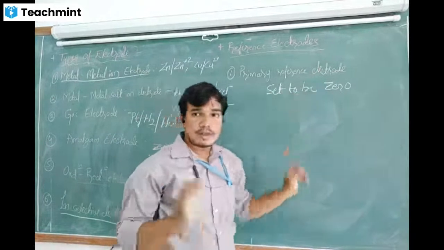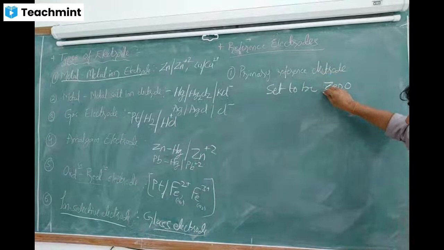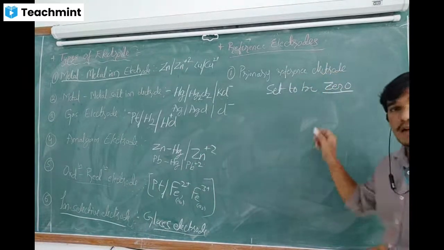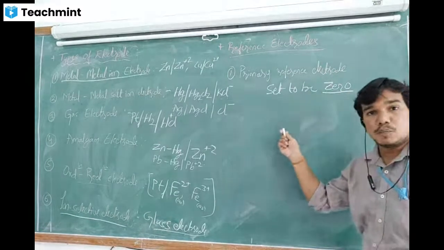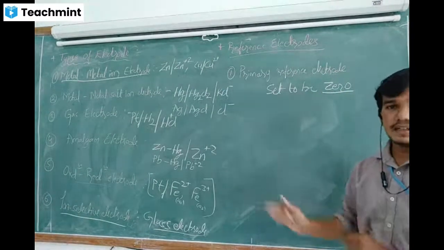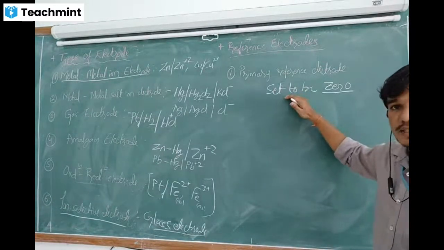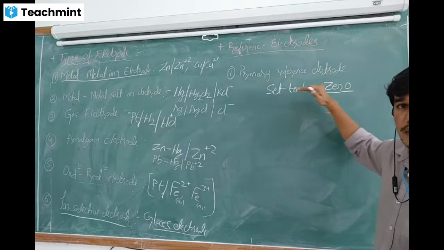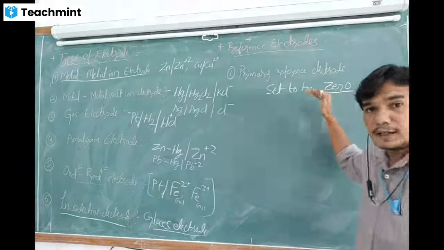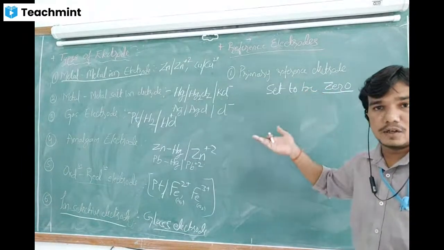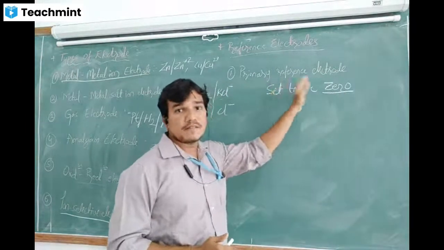Its electrode potential is not actually 0, but we have purposefully made it 0, or arbitrarily taken it as 0, from which we can measure the electrode potential of any other electrode or metal. Any example for primary reference electrode?